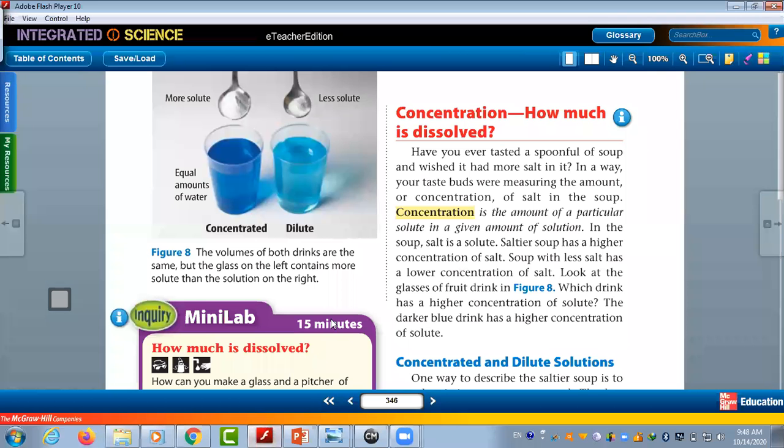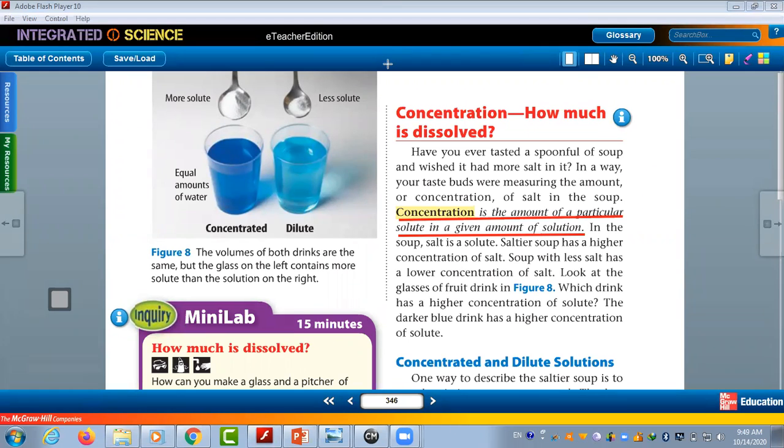Let's check what Mamdouh said. If we go back here, you can find that concentration is the amount of a particular solute in a given amount of solution. Yes, Mamdouh was right. The amount of solute determines the concentration.